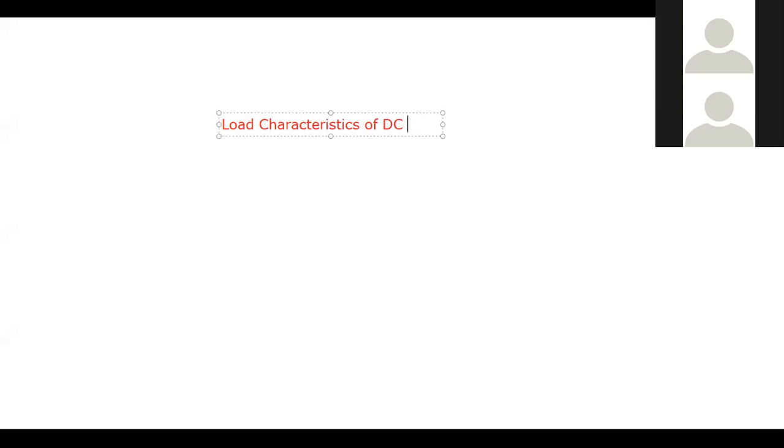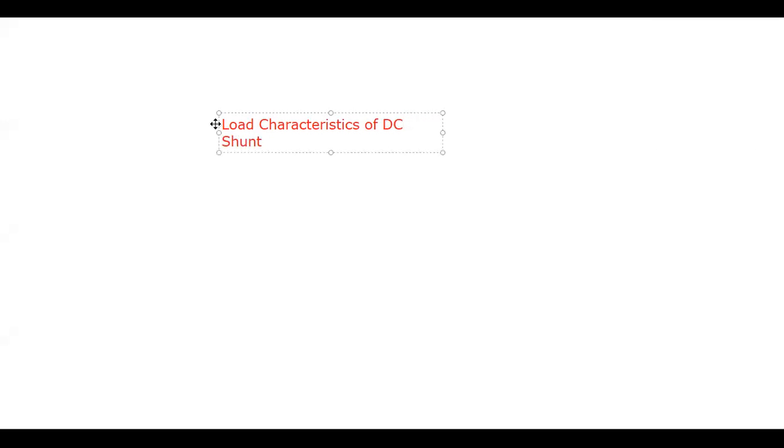Before going to this experiment, we want to know some of the theory concepts of the generator: what is a DC generator, followed by what is a DC shunt generator. After knowing all those things, we can go for the load characteristics of a DC shunt generator.